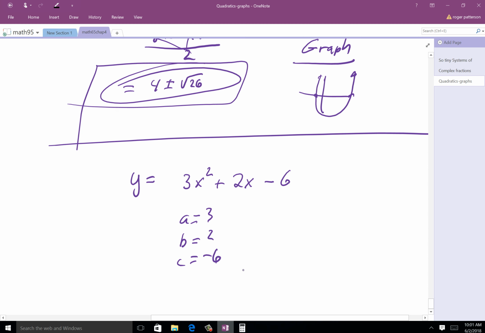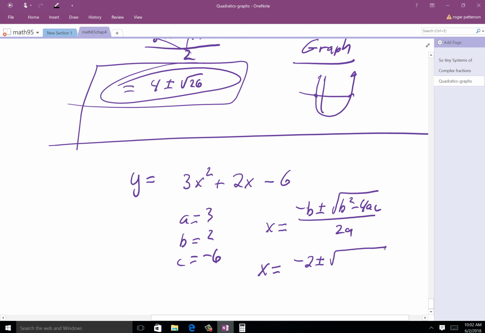So let's use it. x equals negative b plus or minus square root b squared minus 4ac all over 2a. So what are we going to write up here? What do we get for b? So we're going to go negative 2 plus or minus.